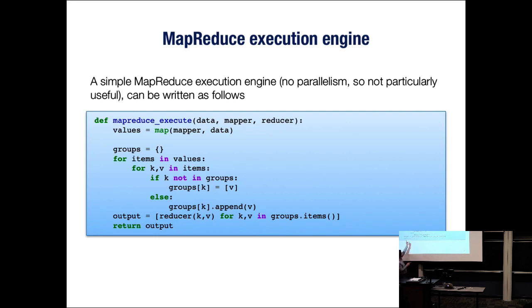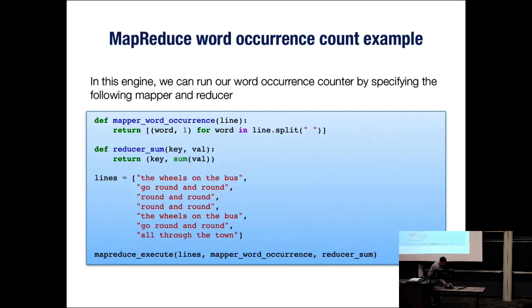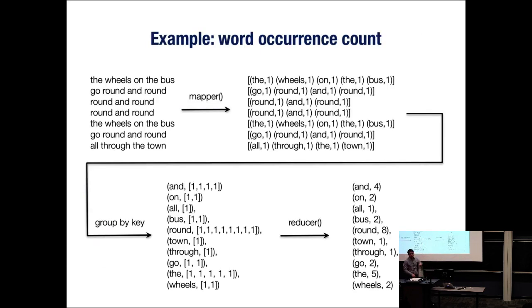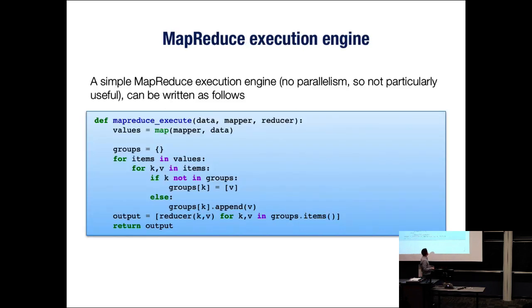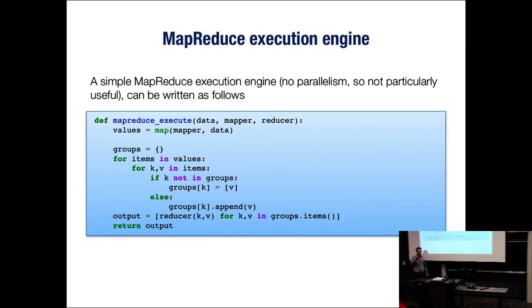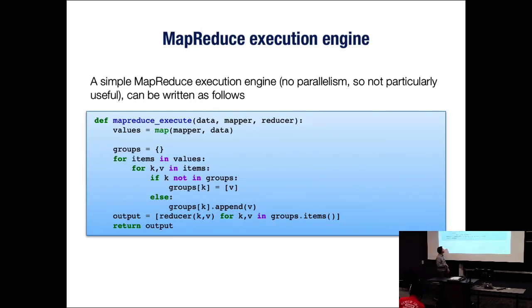Remember, the items in values are themselves lists. So for items in values, items would be one entire row of that list. Then for each key value pair in items, that will iterate over each grouping of key value pairs.